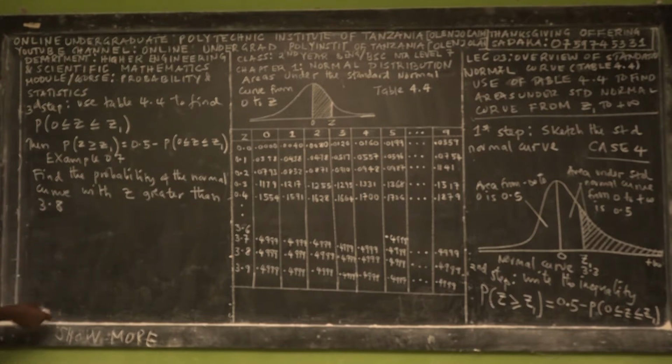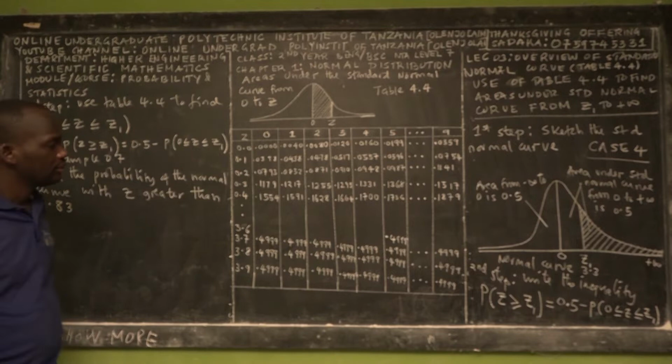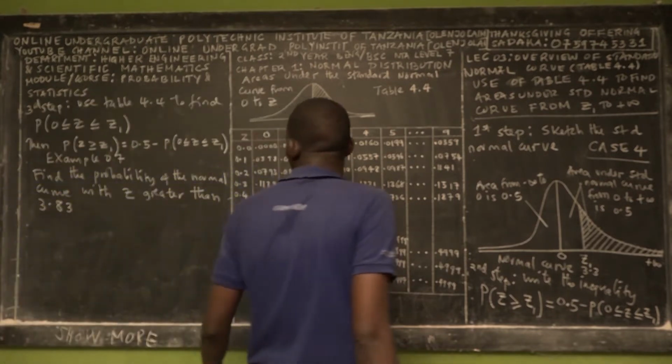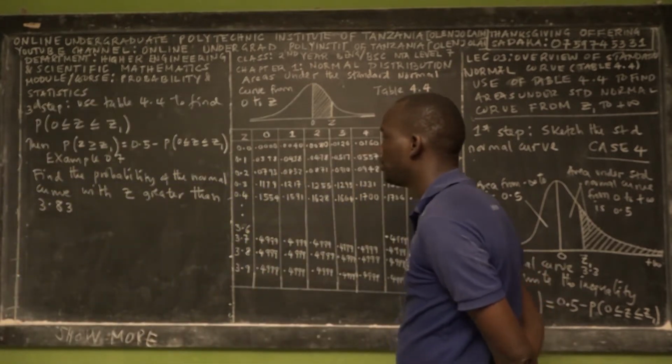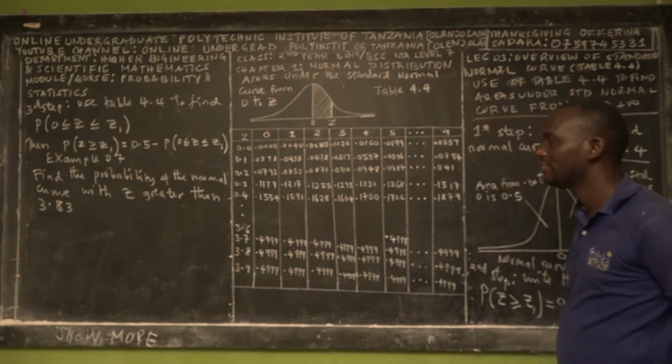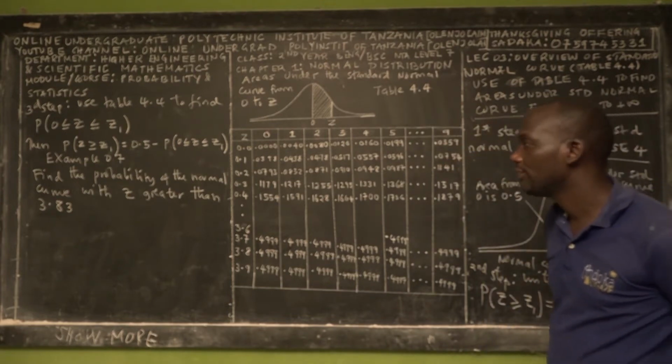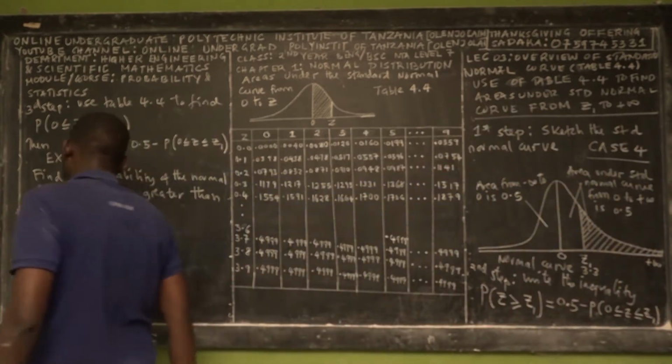I want to use the table that I gave you. So I have the responsibility to find the probability of the normal curve with standardized value greater than 3.83.